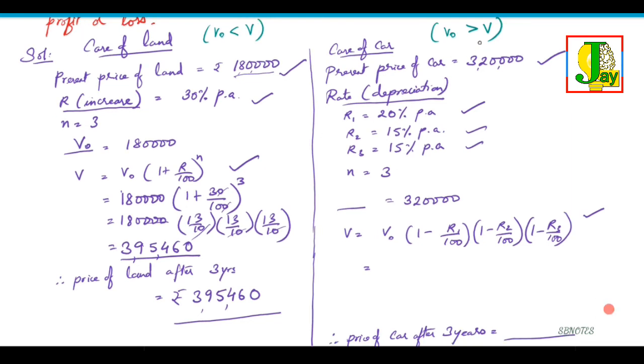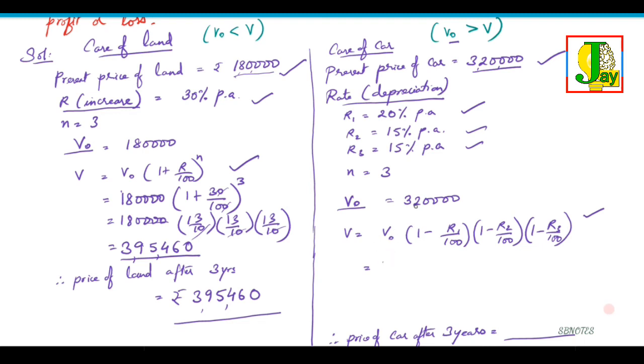Now the price of the car goes on decreasing, so the original amount is more than the final price. So here the present price given will be the original price, V0.